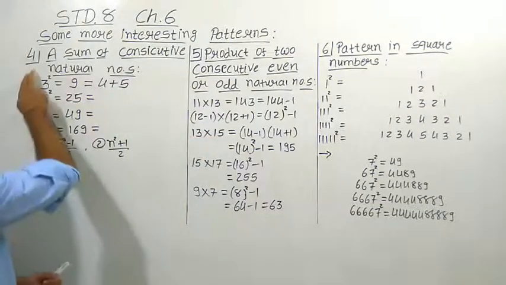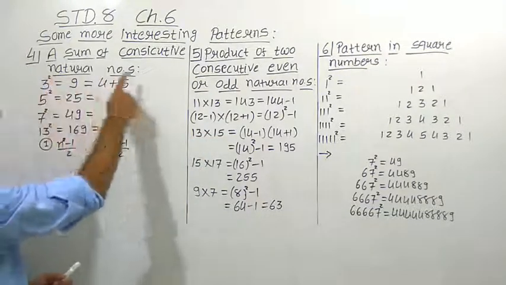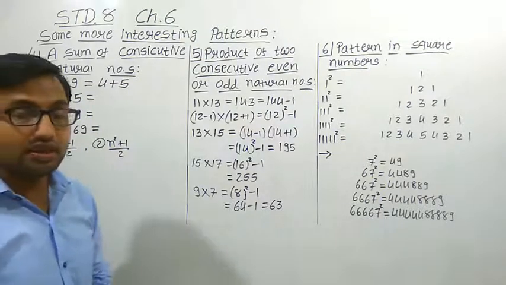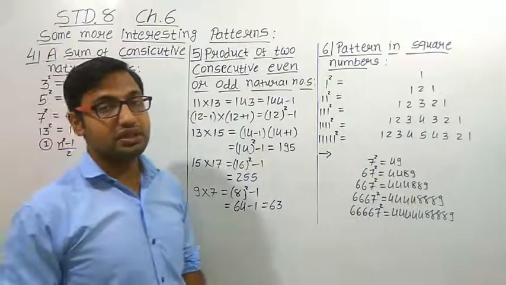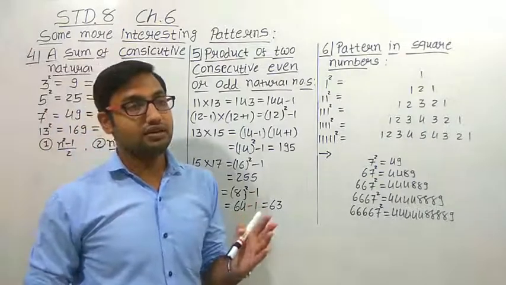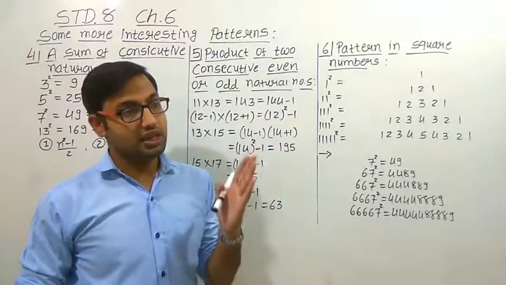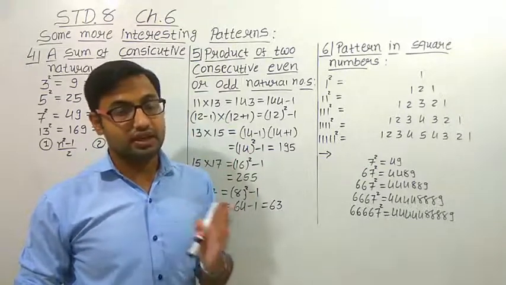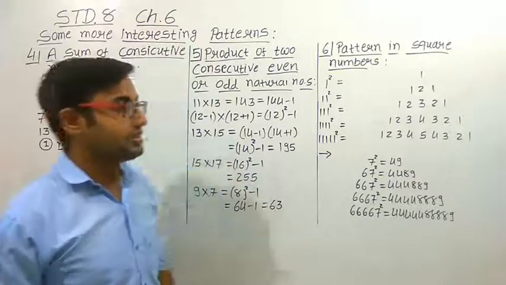So the fourth pattern is the sum of consecutive natural numbers. Consecutive natural numbers means if we take 10 as the first natural number, then 11 will be the consecutive. So 10 and 11 are consecutive natural numbers.